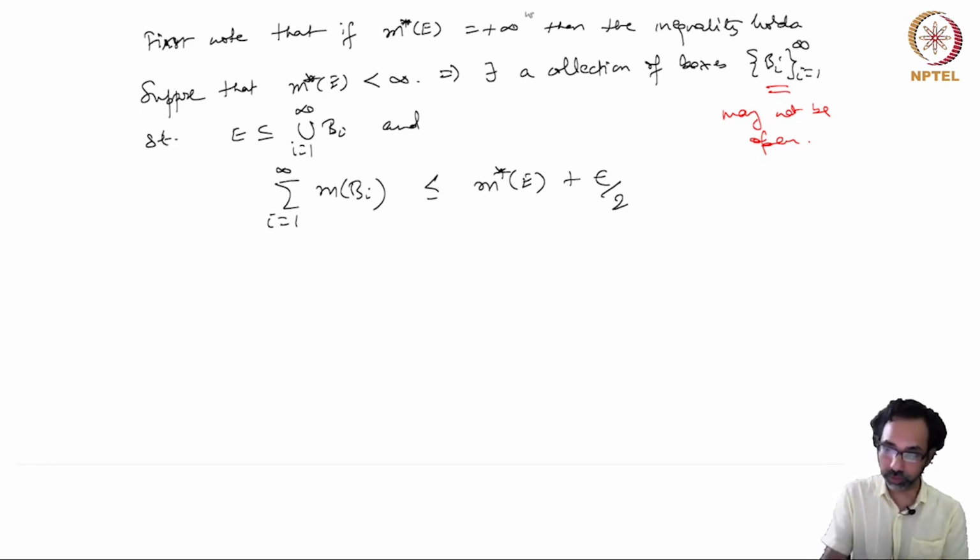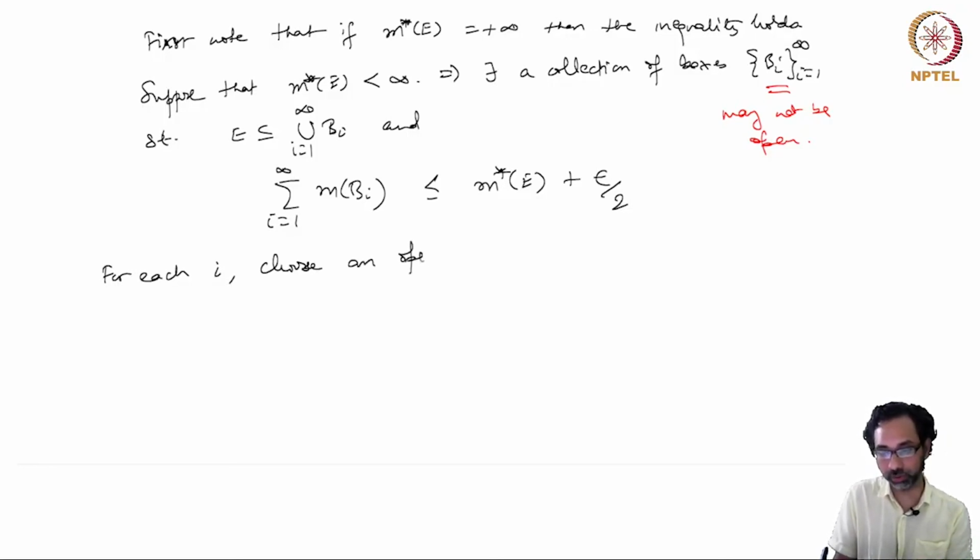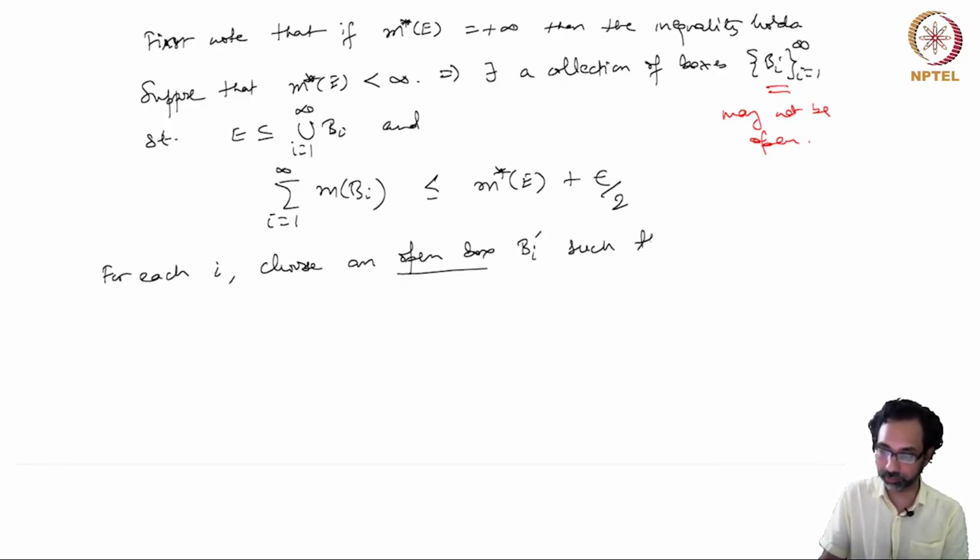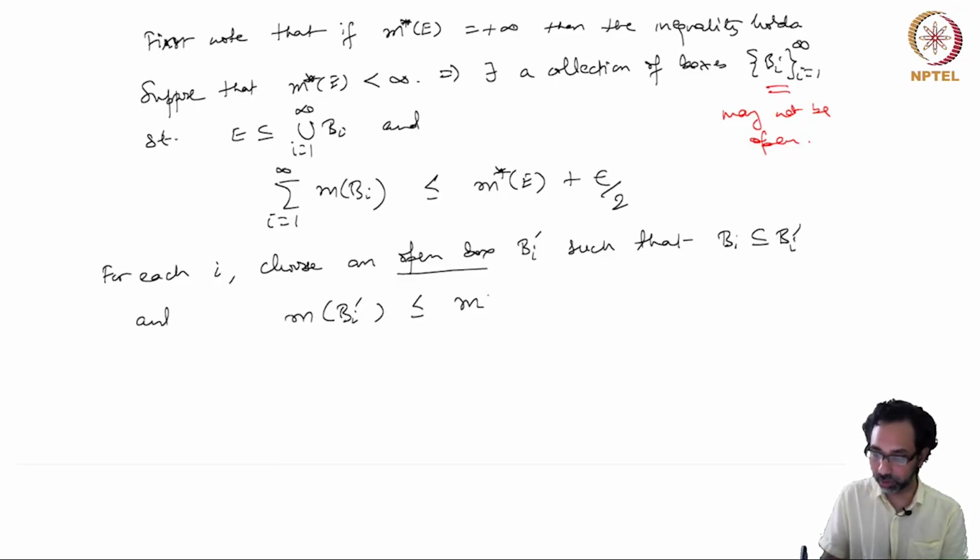So for each i, choose an open box B_i prime such that B_i is contained in B_i prime, and the measure of B_i prime is less than or equal to the measure of B_i plus epsilon by 2 to the power i plus 1.